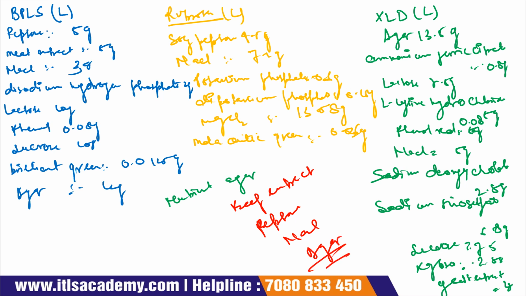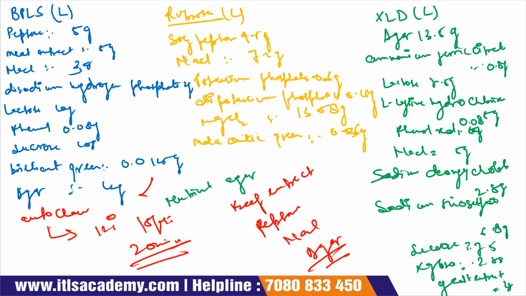After that, all these media are prepared separately, and after preparation of each media, you have to autoclave it. During autoclaving, you have to set the temperature to 121 degrees Celsius, pressure 15 psi, and time 20 minutes.